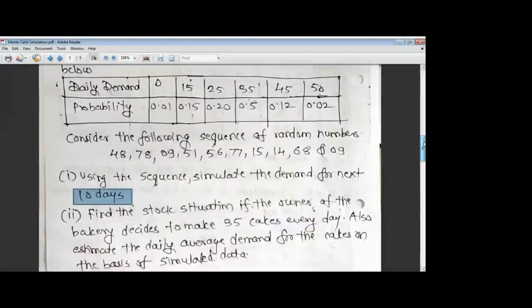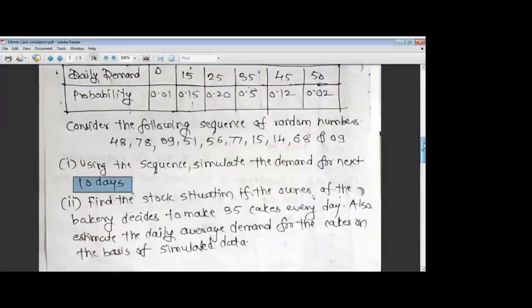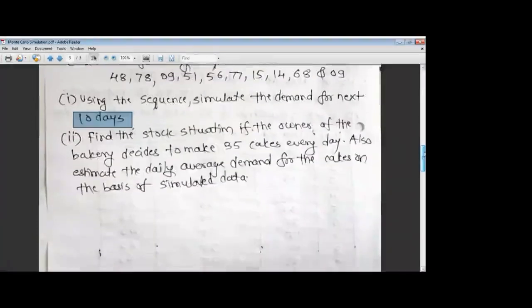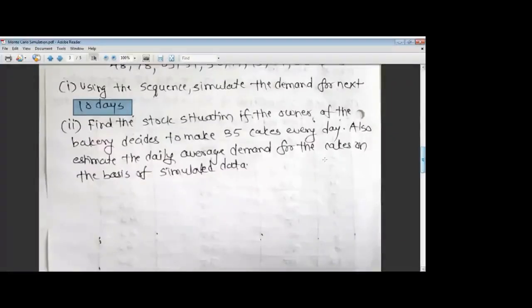I'll make you understand more about these random numbers when we talk about this numerical, but I'm hoping you have understood what has been asked. They are asking us what the demand will be for the next days, so we have to simulate that demand.